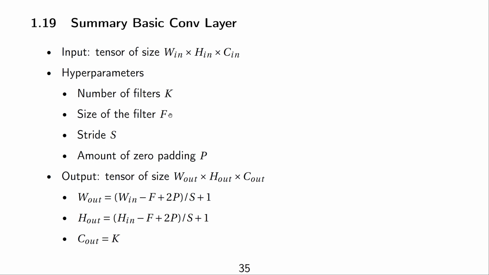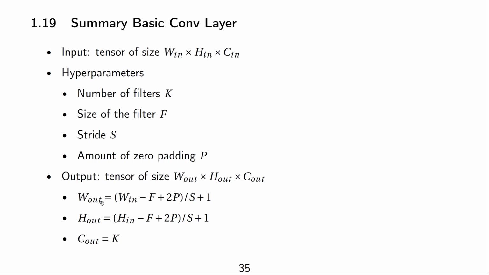Here we assume for simplicity that the spatial extent of the filter is symmetric, so the width and height of the filter are the same, given by this one value f, the stride s, and the amount of zero padding p. We have an output tensor of size width, height, number of channels. Again, subscript out denotes that this is for the output tensor, and the number of channels of the output tensor equals the number of filters defined in this convolutional layer.